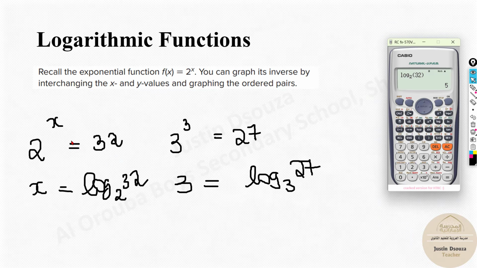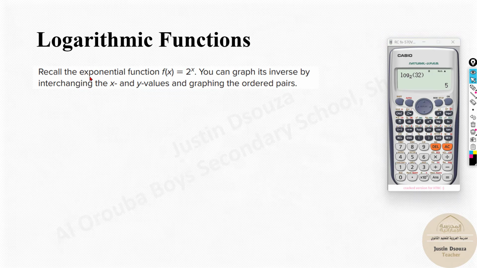This is a simple problem, but complicated, difficult problems may arise, and log is very handy for those situations. Even huge powers can be computed easily. When it was discovered, it made computation and solving methods a bit easier.